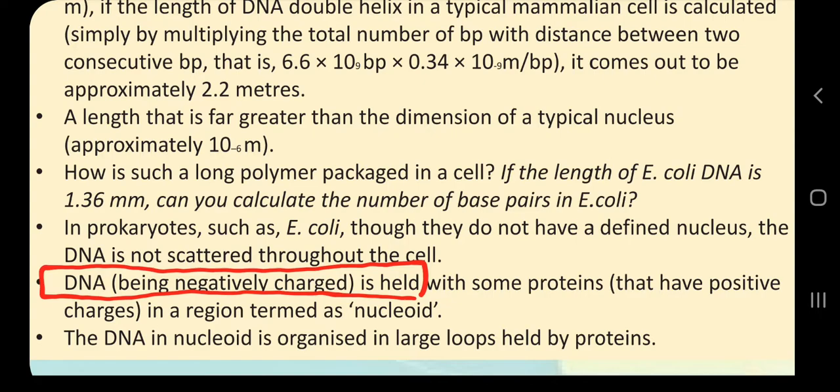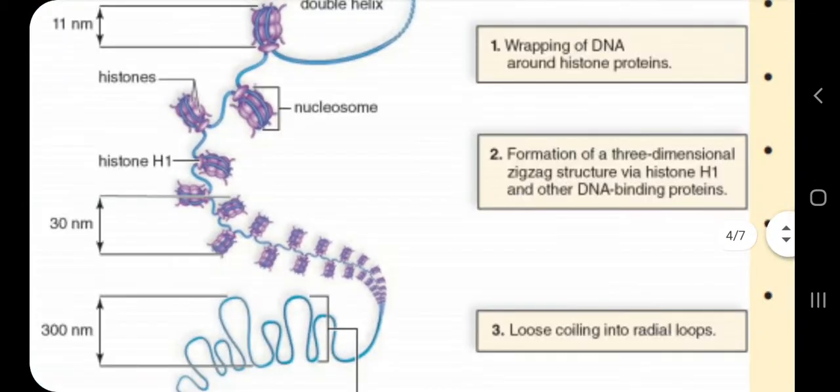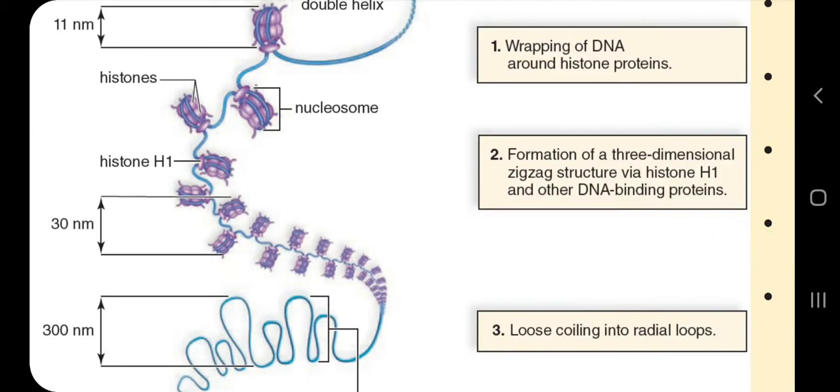Because DNA has a sugar phosphate backbone, deoxyribose, phosphate, deoxyribose, phosphate, you can easily understand that DNA has a negative charge because of the phosphate moiety. And now here is one more idea, that these histones have a positive charge. Now you can easily understand why DNA is wrapping around the histones, because histones are positively charged and DNA is negatively charged. Very simple to understand. Opposite charges attract each other.